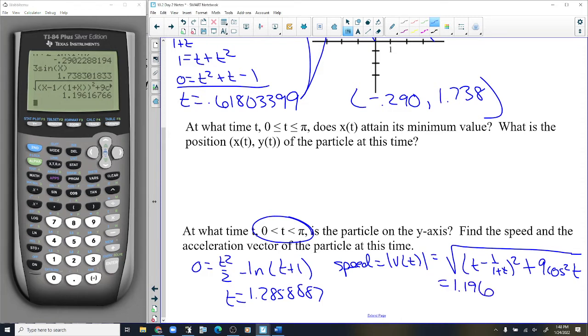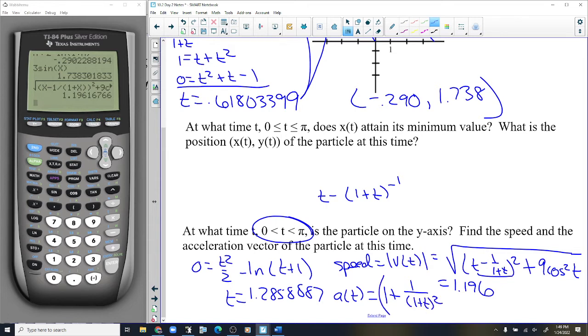And find the acceleration vector. So a of t is equal to the derivative of this right there. That was the derivative of the position. So that's t minus 1 plus t to the negative 1. So it's 1 plus 1 over 1 plus t squared.